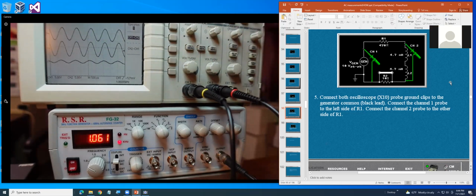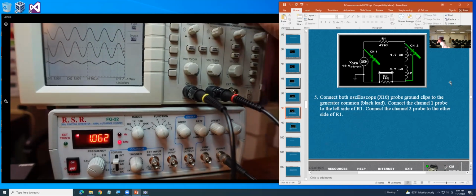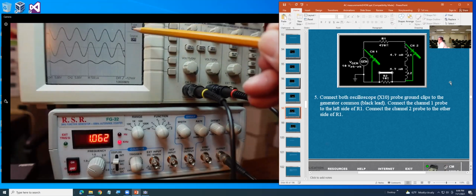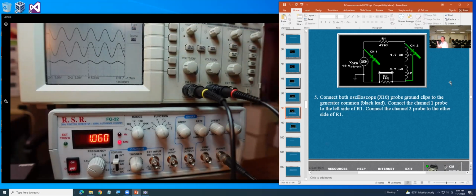So you can measure using the cursor. You use the cursor, Mr. Pham. You press the cursor. Right now you're looking at the cursor will be up. And you want the cursor to be time or the voltage.